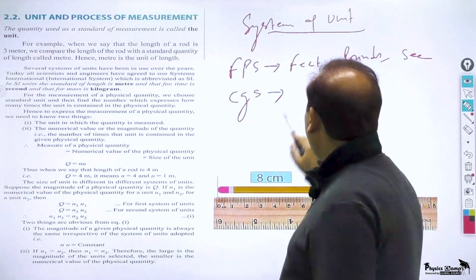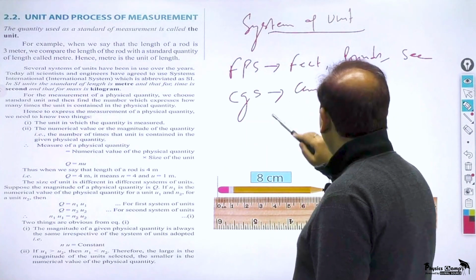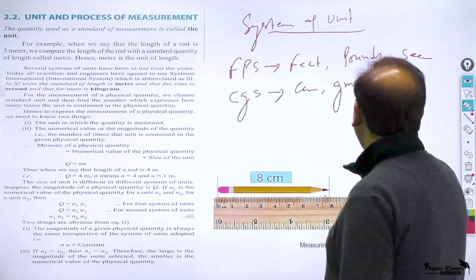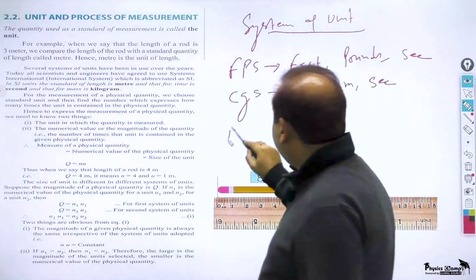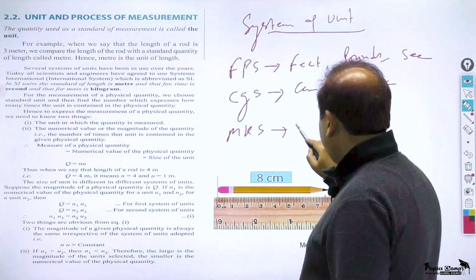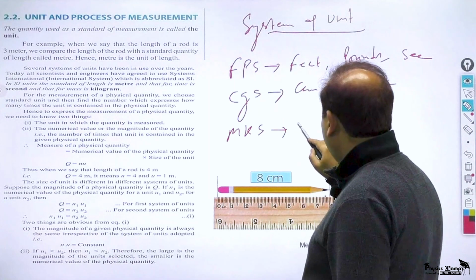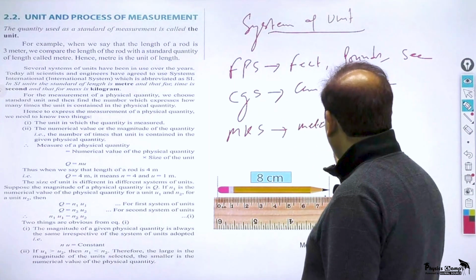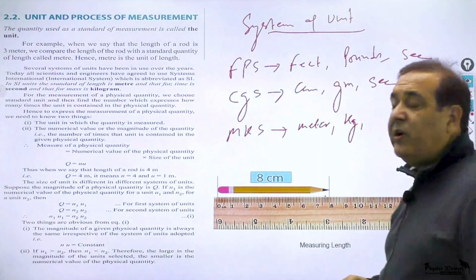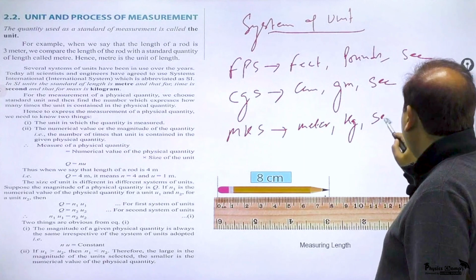Here the unit of length is centimeter, the unit of mass is gram, and the unit of time is second. We have the MKS system. Here the unit of length is meter, the unit of mass is kilogram, and the unit of time is second.